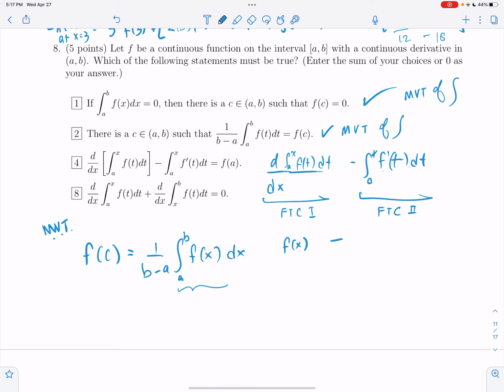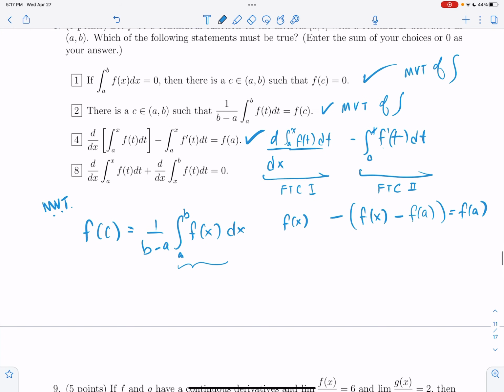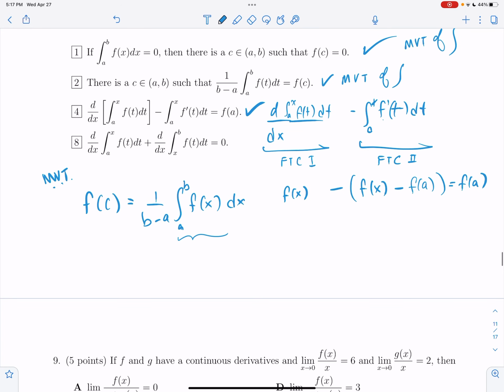It'll be f of x minus f of a, because f prime is a derivative of little f, or little f is an antiderivative of f prime. You have that by FTC2. And if you simplify this, this is indeed f of a. So yes, that is also true. Okay? And looking at this last choice over there, what do you have?